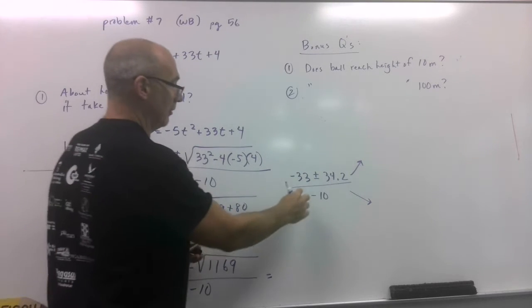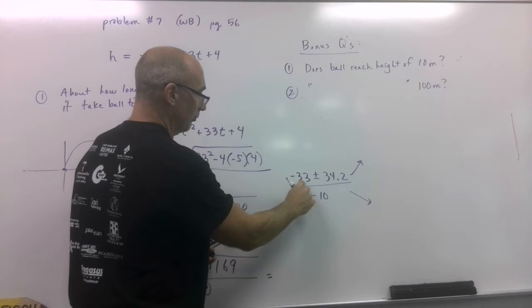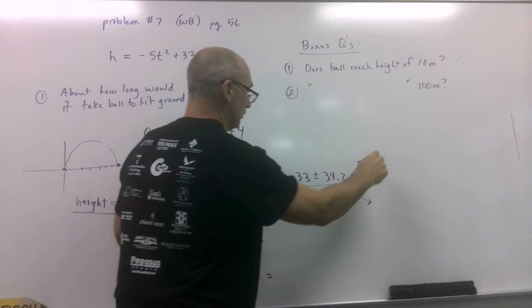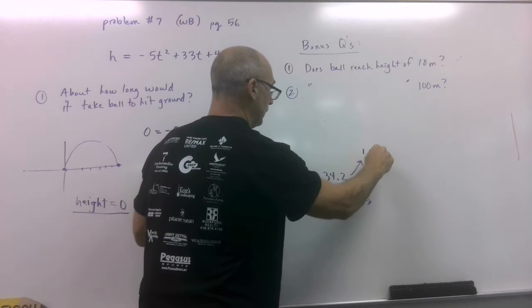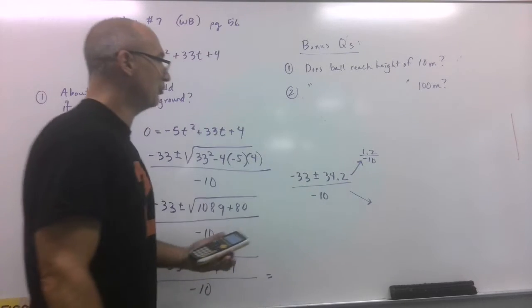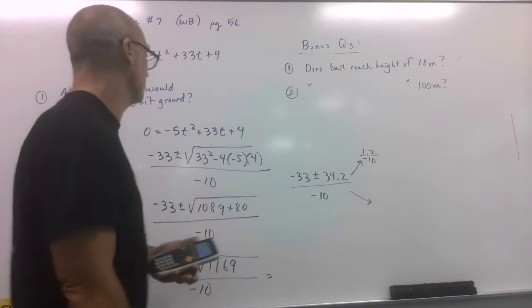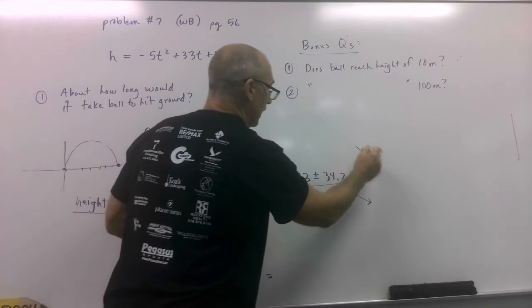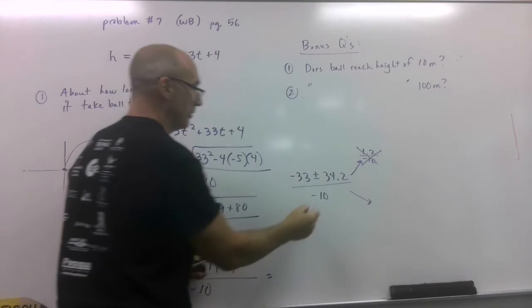So we're going to crunch this out now. What's negative 33 plus 34.2? Well, that would be 1.2. But that'd be over negative 10. As you can see, we get a negative time. Remember, we're solving for t, which stands for time, and you can't have that. So we go the other route.